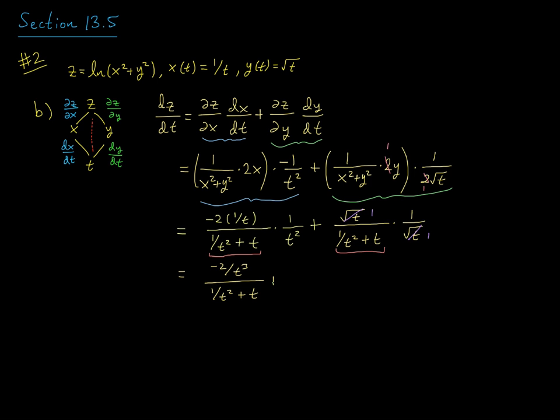And then here I have just 1 over that common denominator. And now I can go ahead and just combine those. So you get 1 over t squared plus t.